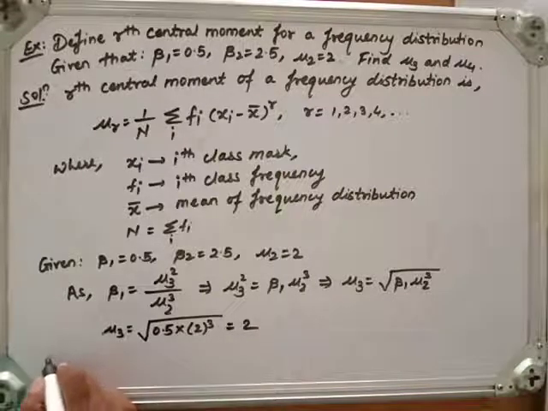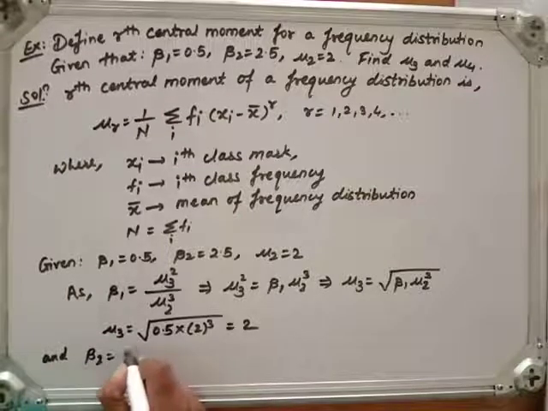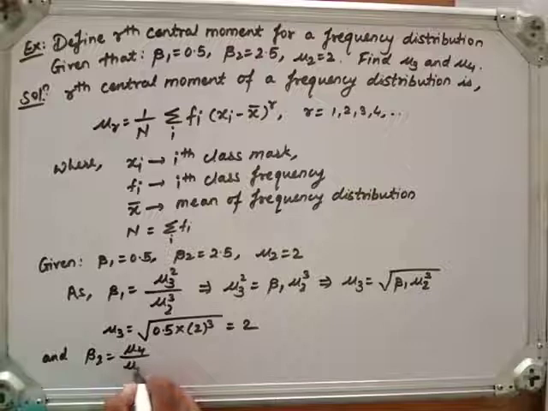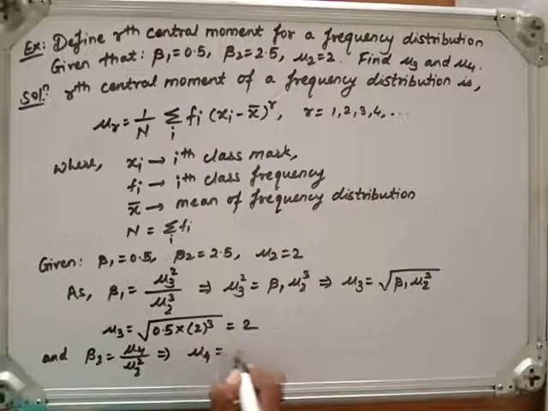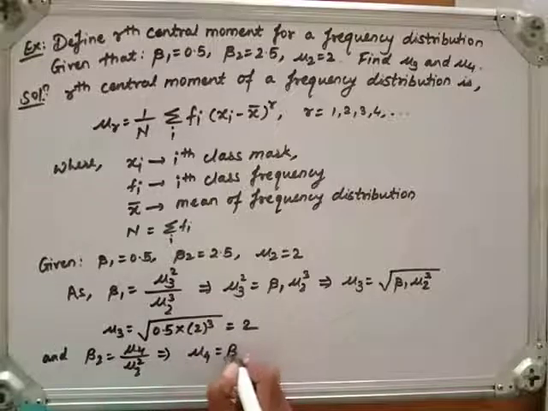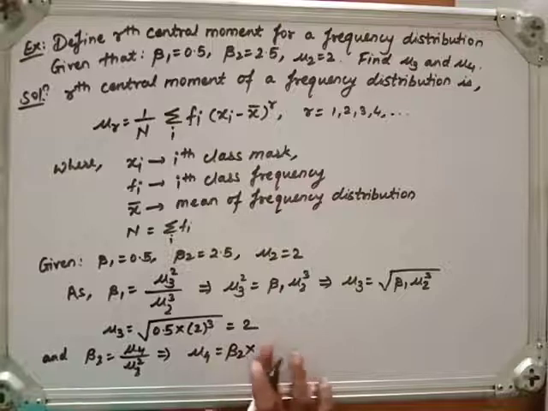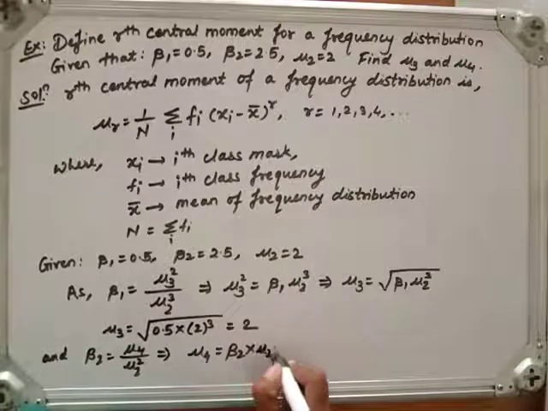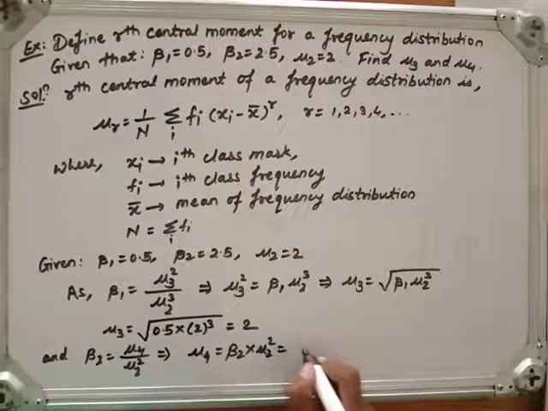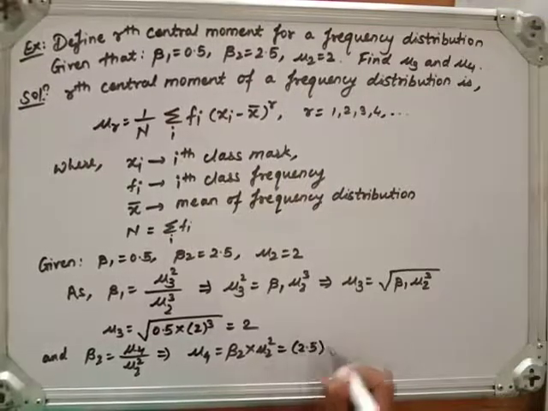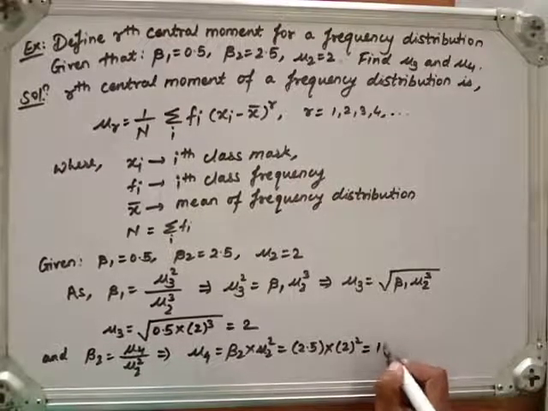Similarly, beta 2 is mu 4 upon mu 2 square. So mu 4 is beta 2 into mu 2 square, which is 2.5 multiplied by 2 square, that is 10.